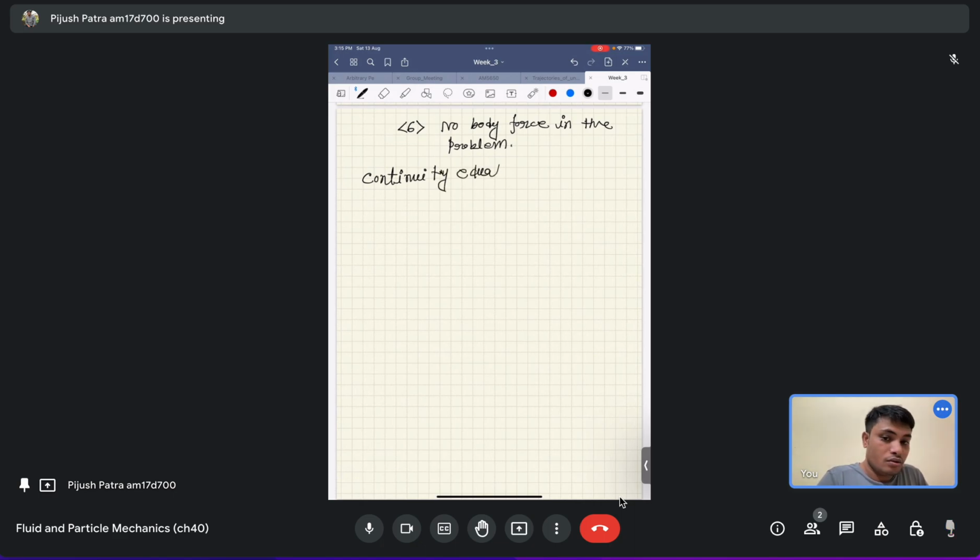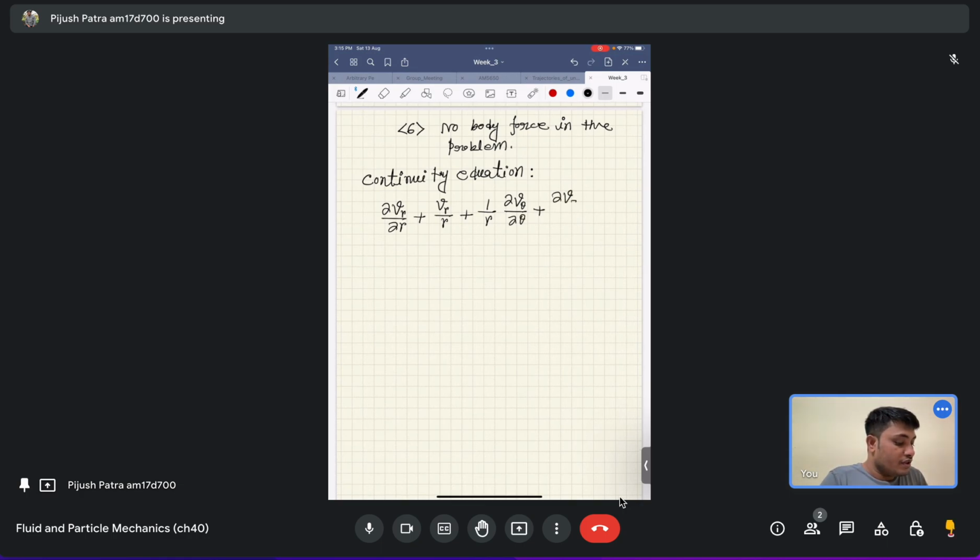How will it look? dou Vr by dou r plus Vr by r plus 1 by r dou V theta by dou theta plus dou Vz by dou z is equal to 0.